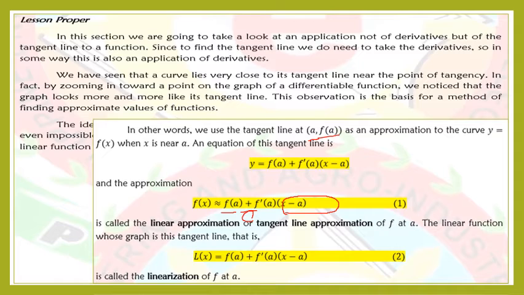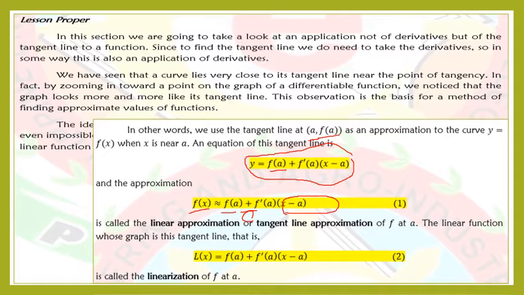So an equation of this tangent line class is y equals f of a plus f prime of a times (x minus a). So ito yung equation ng tangent line natin sa approximation to the curve y equals f of x. And the approximation is f of x is approximately equal to f of a plus f prime of a times (x minus a). Okay, so ito yung approximation niya.